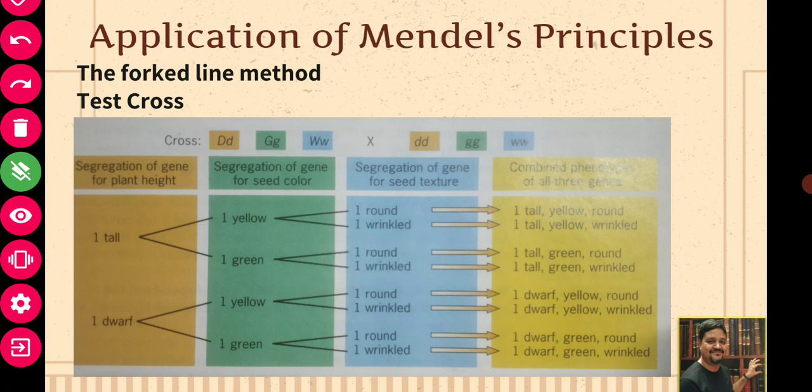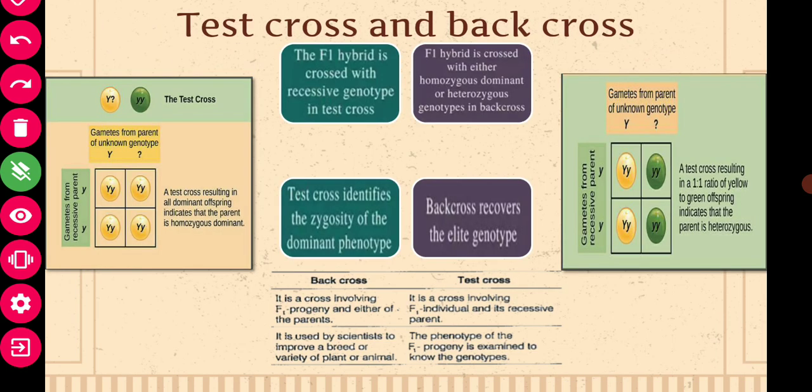Now, I discussed the term test cross, so it is pertinent to know what is test cross and back cross. Here I have written that if the F1 hybrid is crossed with the recessive genotype, then it is a test cross.